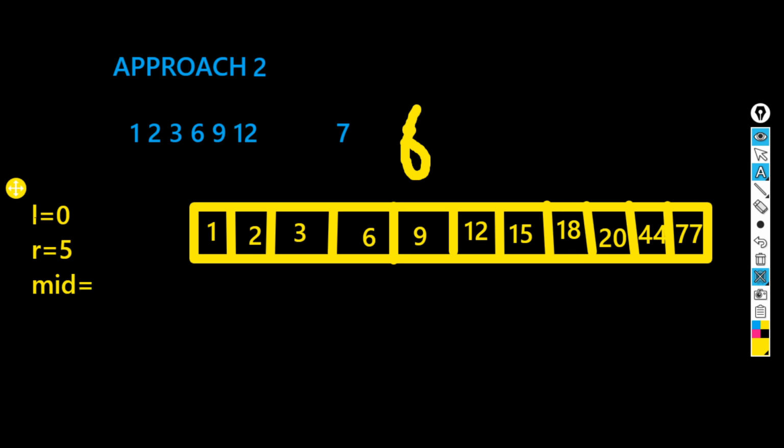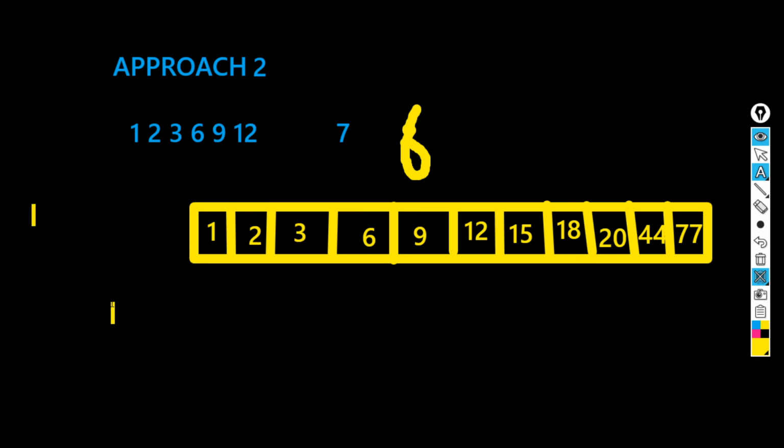Mid will be equal to 2. At the second index the value is 3, so it is less than 7. So what we will do, we will replace L by mid plus 1, it will be 3.